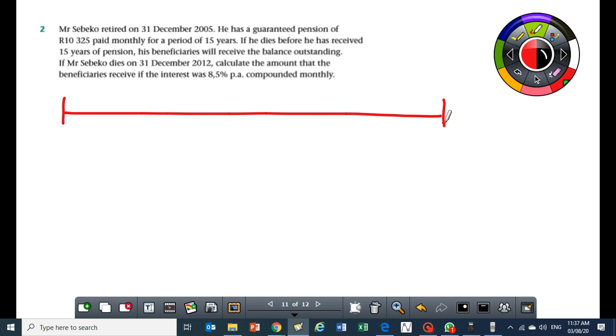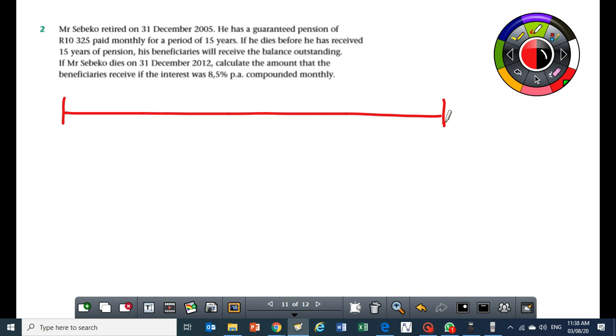Now he died on the 31st of December 2012. So if you do your counting, in terms of the number of years, from 31 December you start from 2006, so 2006, 7, 8, 9, 10, 11, 12. Okay? So it means we have got 7 years there.